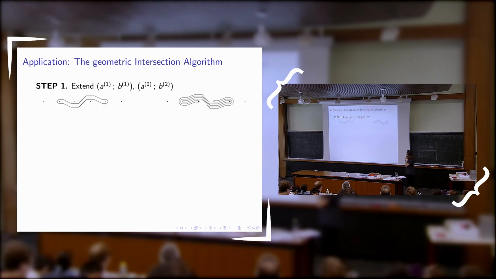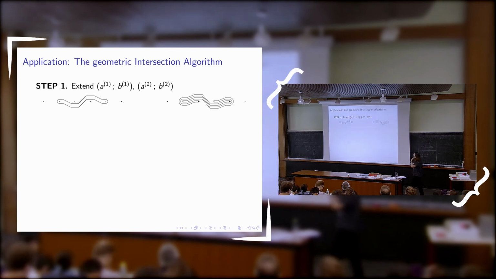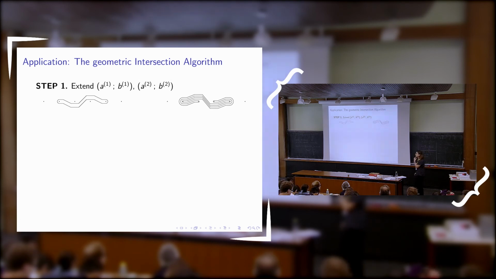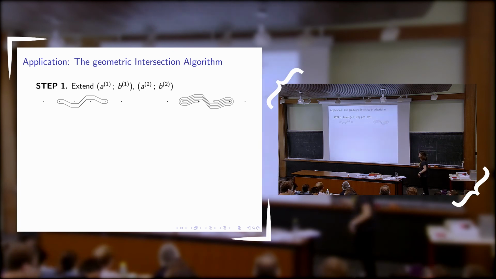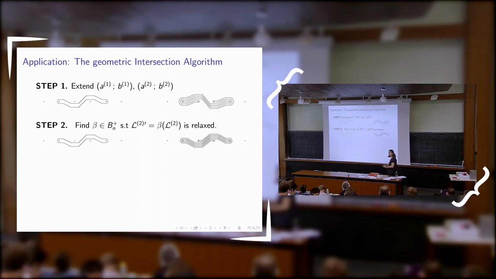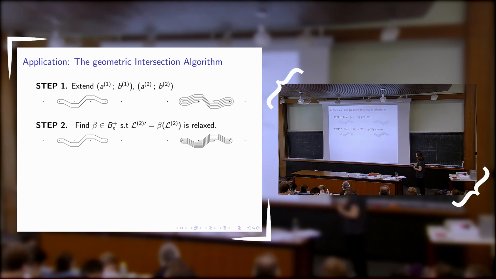So here is the illustration. Here is the algorithm for computing the geometric intersection number of 2 arbitrary multi-curves on the n-times punctured disk. We again work on the extended Dynnikov coordinate system. So we have 2 multi-curves. Well, in fact, we have the Dynnikov coordinates of these 2 multi-curves. And we find the braid which relaxes one of these multi-curves making use of Cumplido's algorithm.